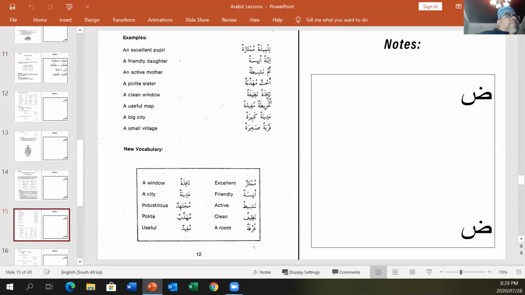I'm talking about the door. Babun. Bab is masculine. Babun nadhifun. Nadhifun, yeah. Remember, the ta marbuta falls away.